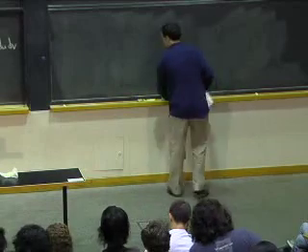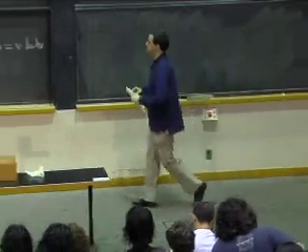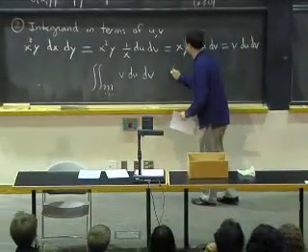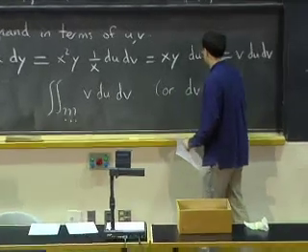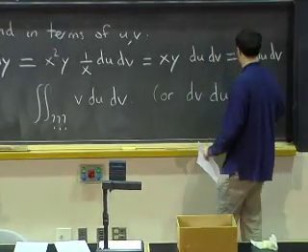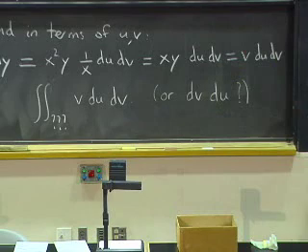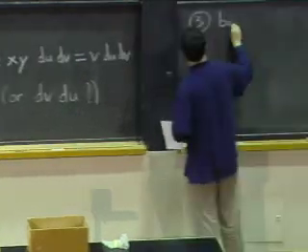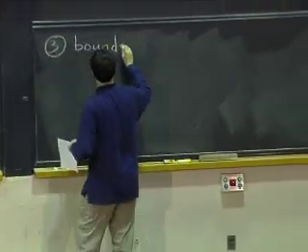Okay. It could be dv du if that's easier. So let's try to find the bounds. In this case, that's the hardest part.